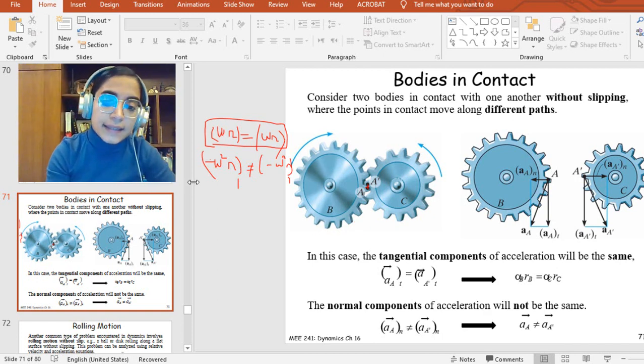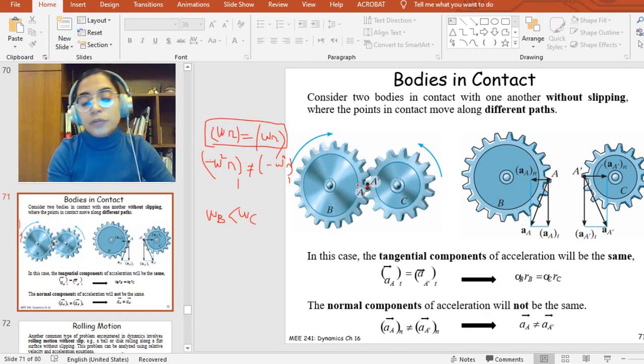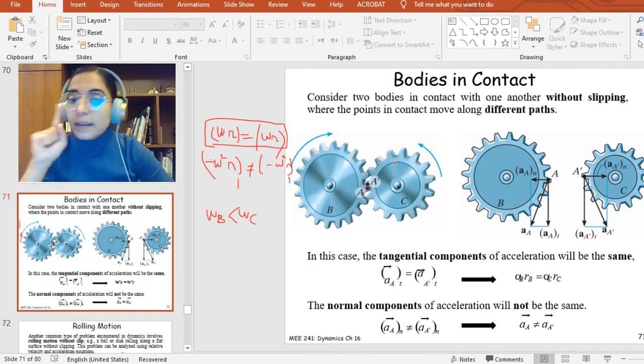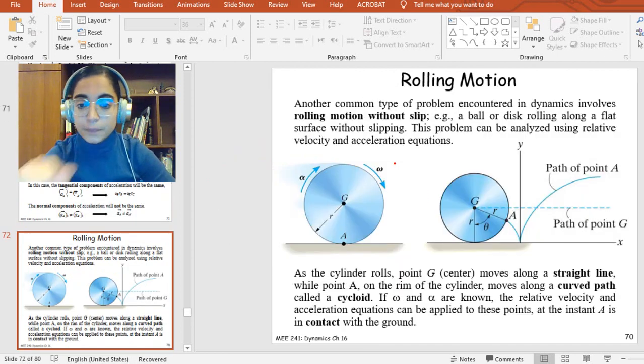So omega b is less than omega a, since the radius of b is greater than the radius of a, and that's why I cannot say that a normal at point A that belongs to the first gear is equal to a normal at point A that belongs to the second gear. So put in your mind, guys, that at this point of contact, they have the same tangential acceleration, but they never have the same normal acceleration.